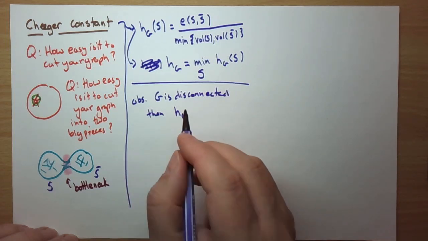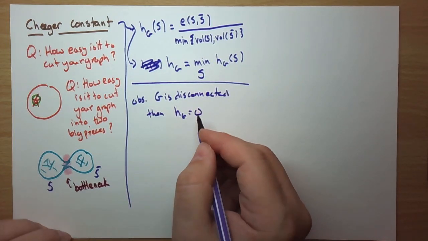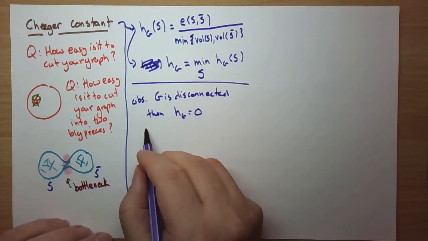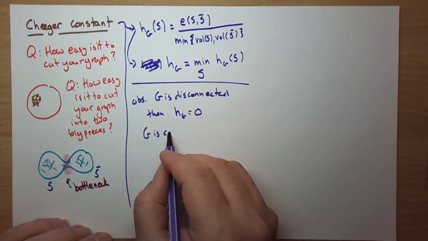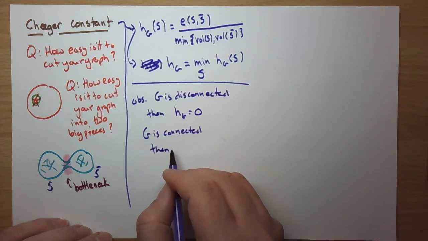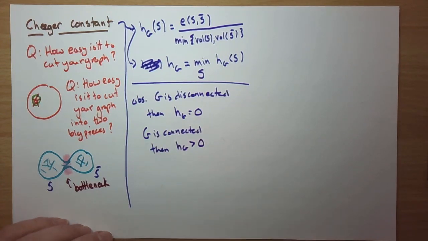It's very good. It's zero, because you can take it into two pieces without having to sacrifice a single edge. That's amazing. Okay, if G is connected, then h of G is positive.